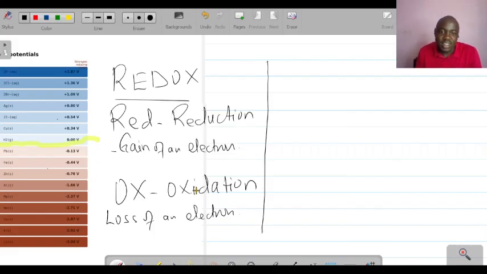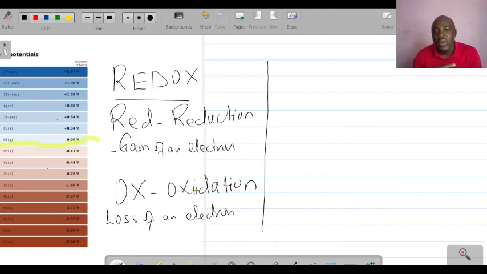So if a substance can easily undergo oxidation, then we say it is a strong reducing agent. On the other hand, oxidizing agents are substances that can easily undergo reduction. In other words, they easily gain electrons.